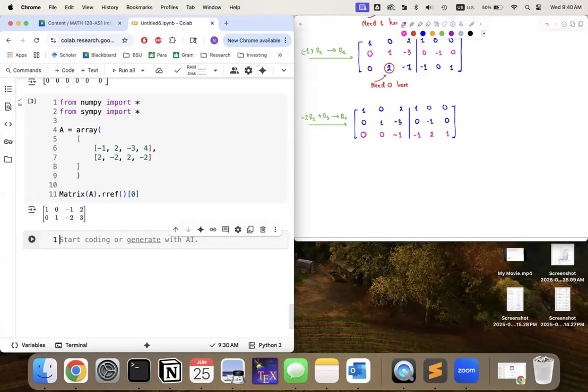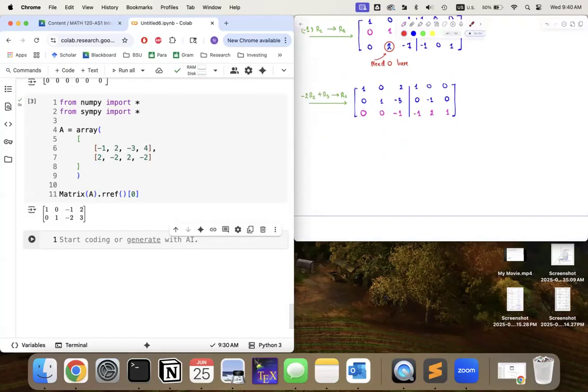Now for the last entry, you're going to turn this into a 1 to get the leading one. To do that, you multiply that third row by -1. So -1 times row 3 to get a new row 3.